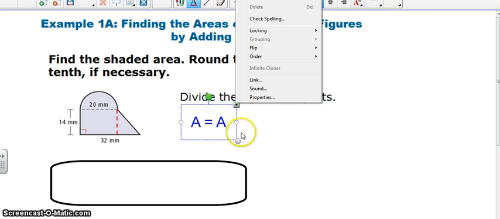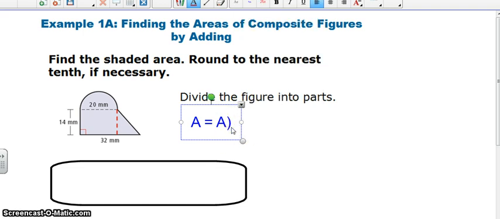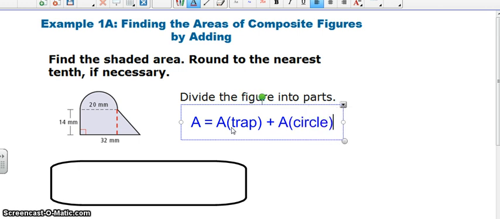I don't see one, so let me just put in parentheses, trap for trapezoid, and plus we're going to have the area of the circle, right? And it's a half circle, so I guess we can make a note of that. I'll say 0.5 of the circle, right?